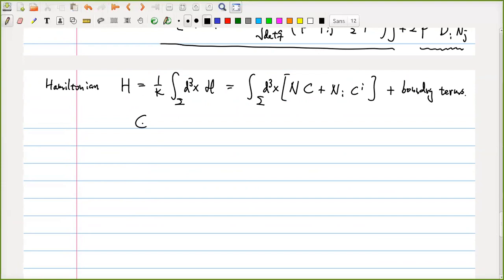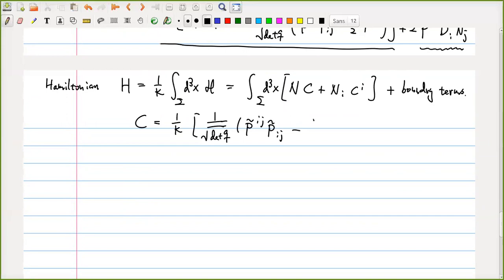All right. So now let me write down what C and C_i are. C equals 1 over kappa times the square root of determinant Q, and both C and C_i are very important quantities, as you will see in a minute.